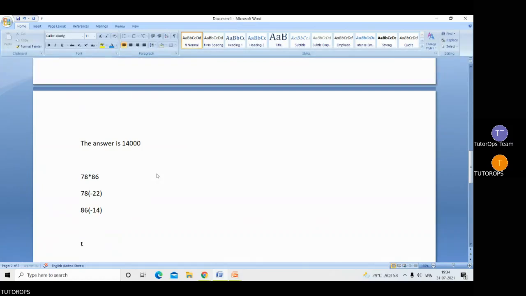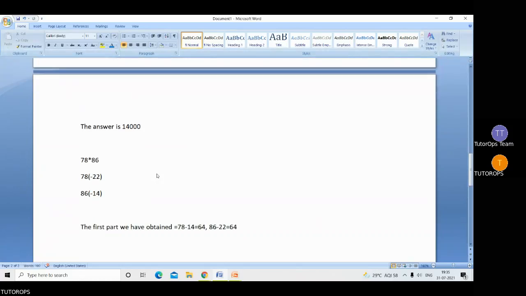So the first part, the obtained first part, basically not actual, because we may have some carry later on. So the first part we have obtained is either we can write it as 78 minus 14, that is 64, and also you can mention it as 86 minus 22, whatever. So the first part we have obtained is 64, but for the second part we need to multiply the deficiencies.